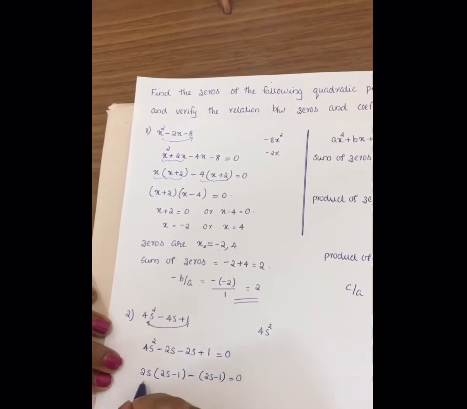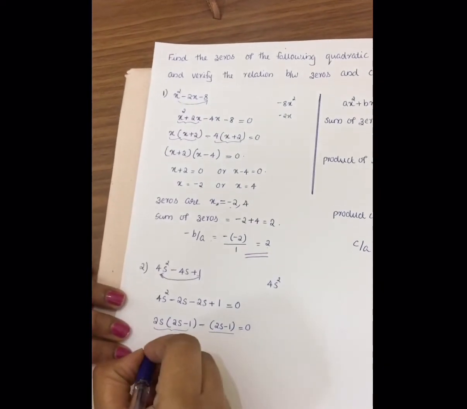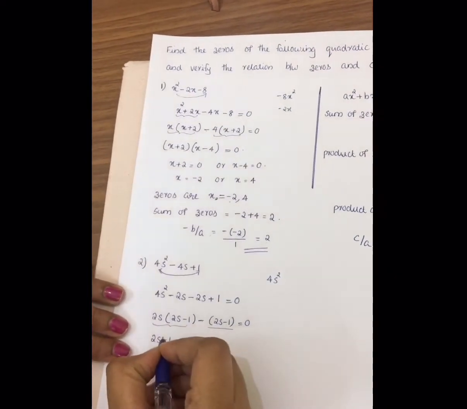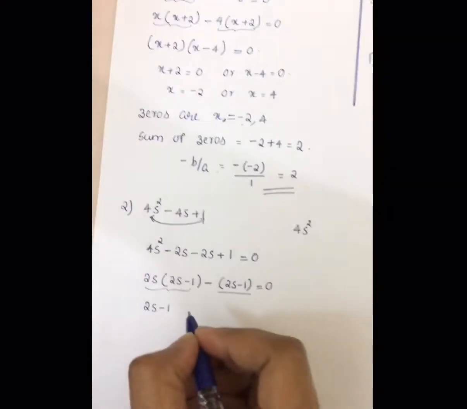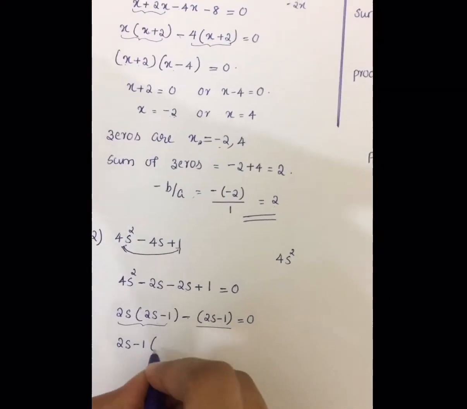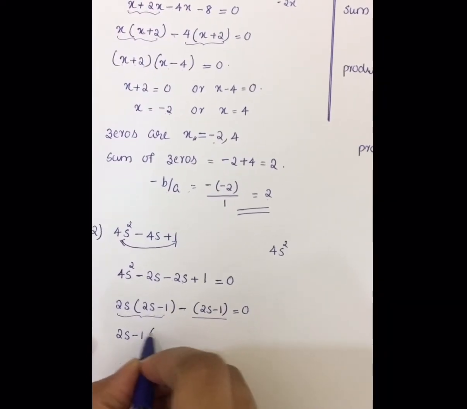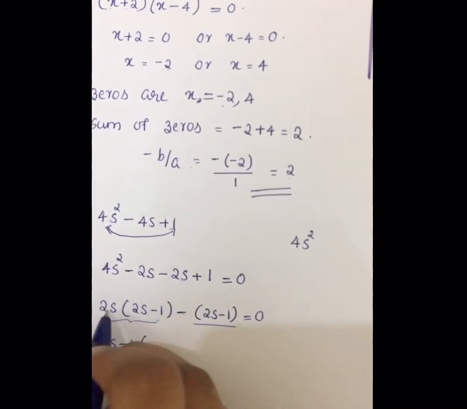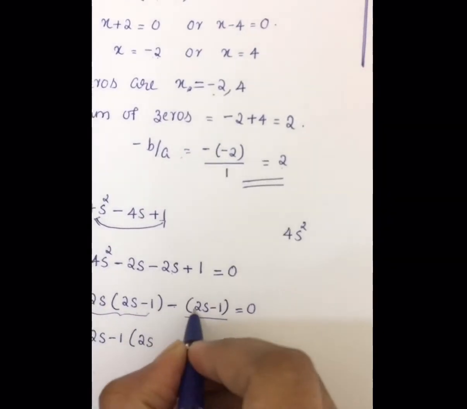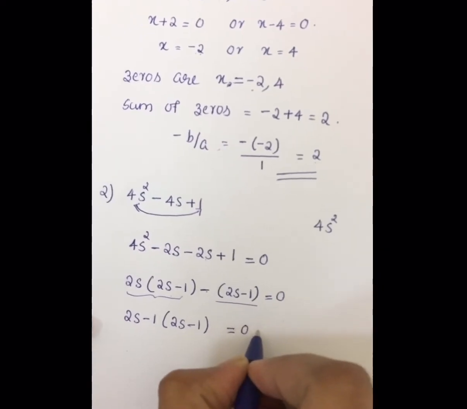Then from these terms, taking 2s minus 1 outside, the balance is 2s, and here the balance is minus 1, which is equal to 0.